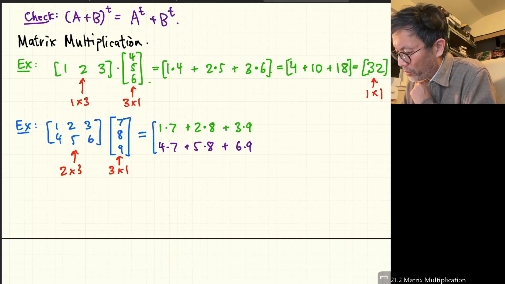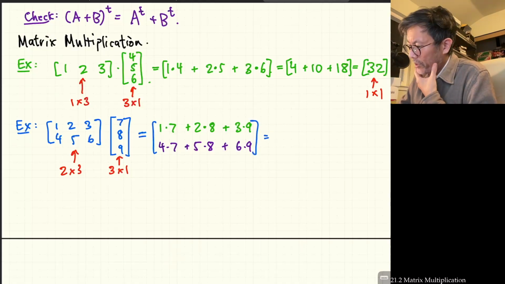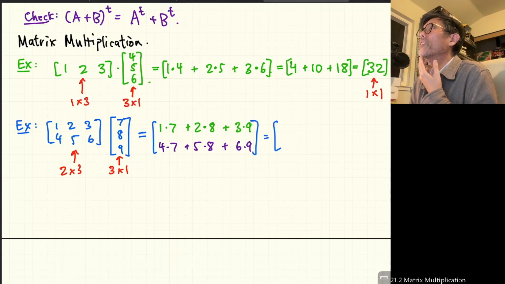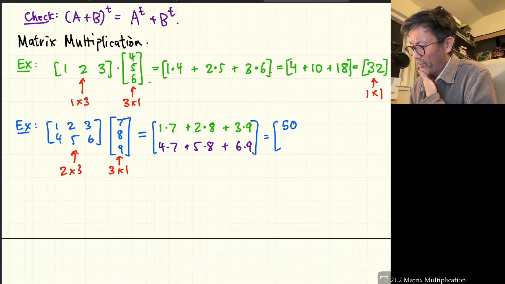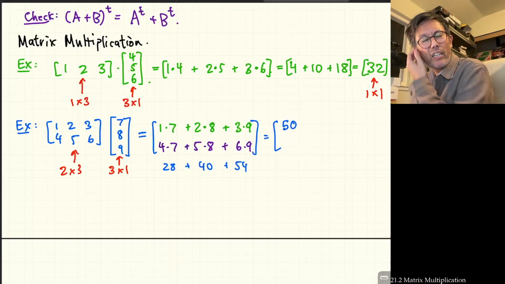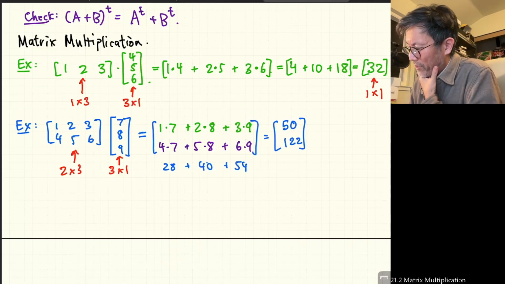And oh my God, I'm going to have to do this arithmetic now. If I do this arithmetic, this is 7 plus 16, which is 23, plus 27, which I think is 50. And then this is 28 plus 40 plus 54. Which is 68, 118, 122. I'm guessing. You check me.